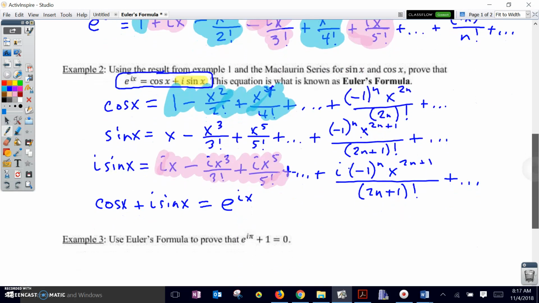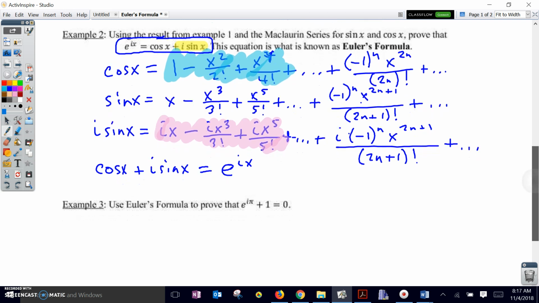Let's delve into example 3. Use Euler's formula to prove that e to the i pi plus 1 is equal to 0. Well, Euler's formula tells us that e to the ix is equal to the cosine of x plus i sine of x.